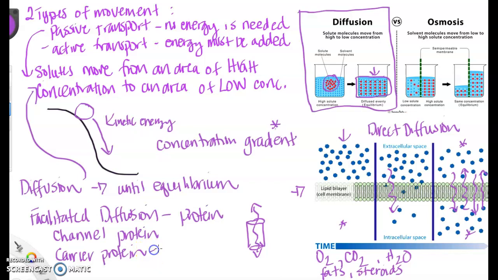So sometimes there are particles where the concentration is high on one side and low on the other, and it's going to move, but maybe they're too big. Like glucose is really a big molecule. So it will need some kind of carrier protein to bring it in. Okay, still diffusion, because we're going from a high to a low concentration, the particle is just too big to fit through.